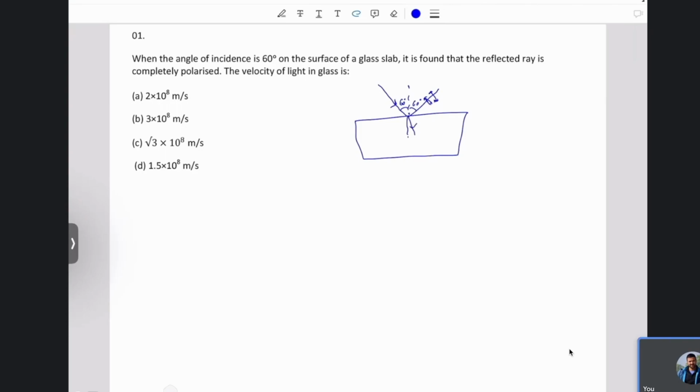Yeah. Okay. So how do we solve this problem? Any clue? Satyanarayan, do you know?